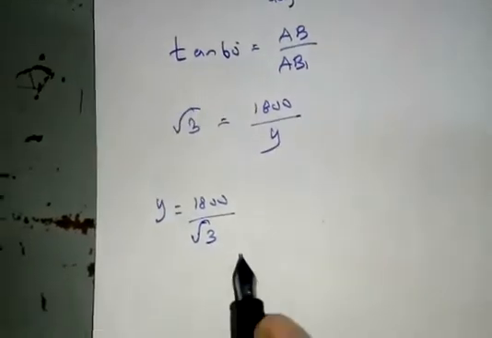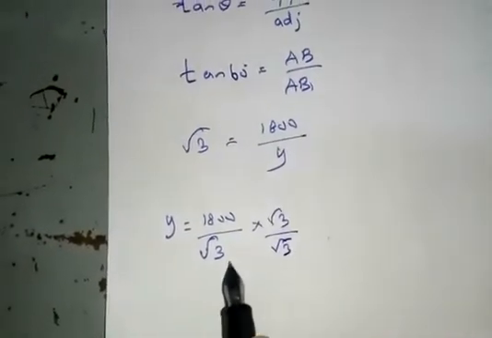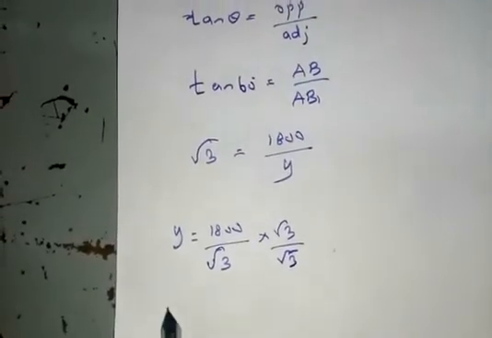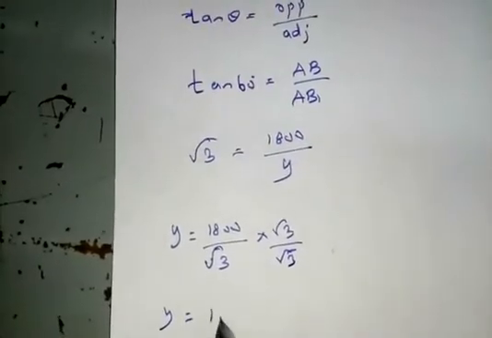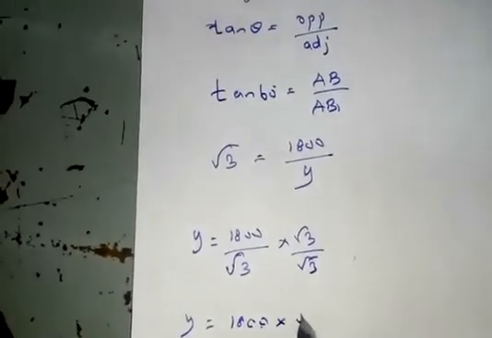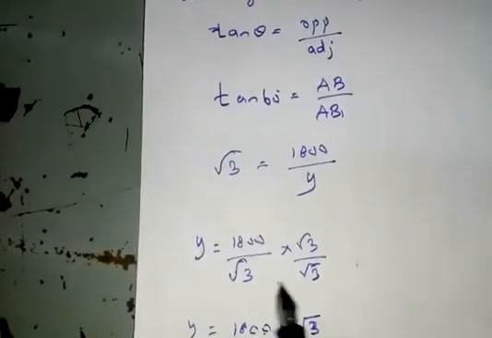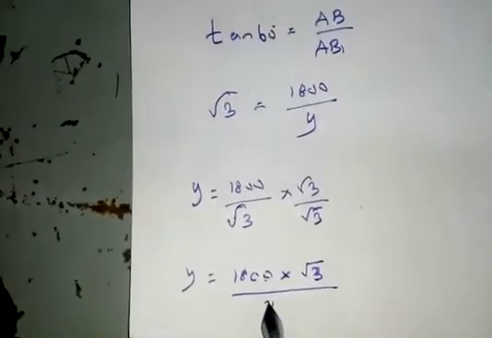In the denominator root 3 is there, so I am going to multiply both numerator and denominator by root 3. Root 3 into root 3 will become 3. So y is equal to 1800 into root 3 divided by 3.